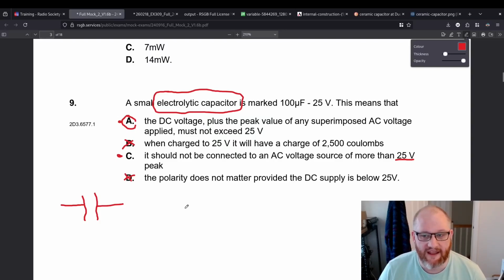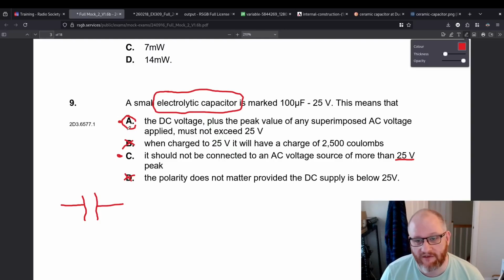So let's imagine we have an AC signal that has a peak of 25 volts and that is offset by a DC voltage of 10 volts. When the AC is at a low level, the AC plus the DC offset will be below that 25 volt limit. However, when the AC component peaks at 25 volts and we have the DC offset of 10 volts, then the total voltage across that capacitor would exceed the 25 volts maximum, and that may cause that capacitor to fail. So I'm going to go for answer A here.